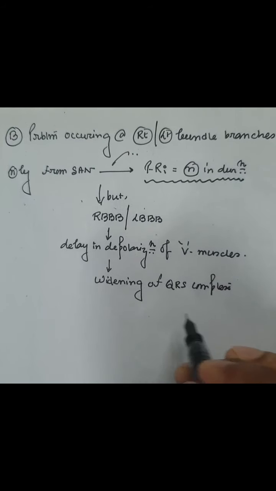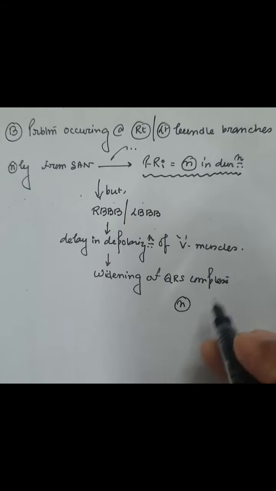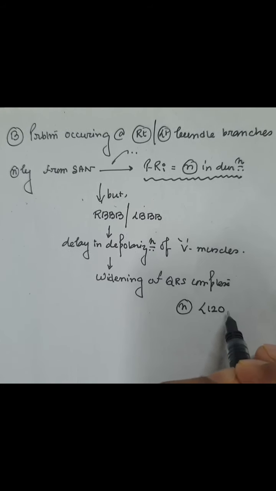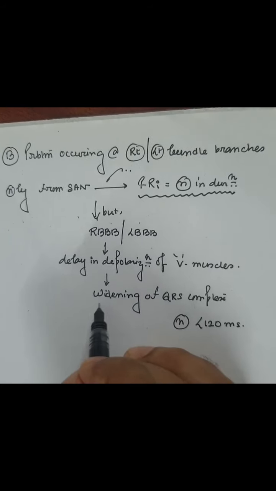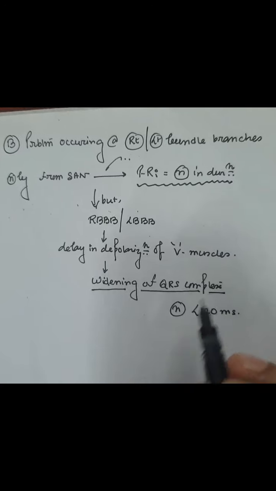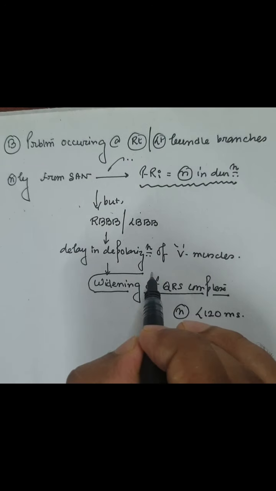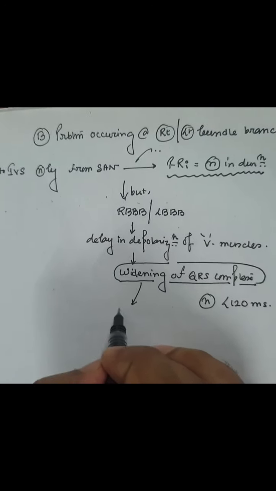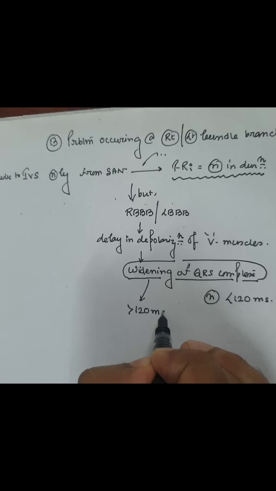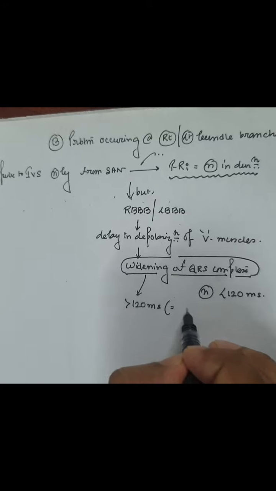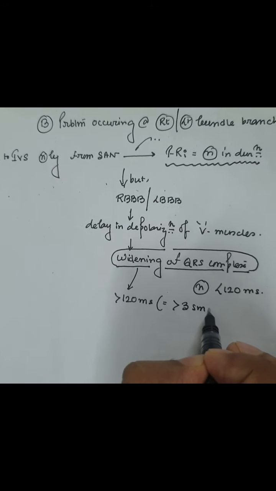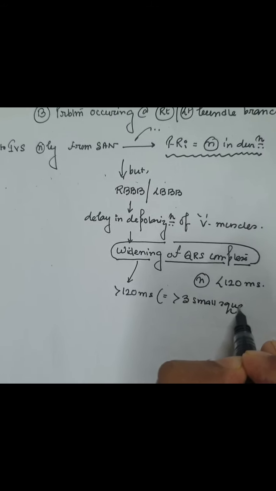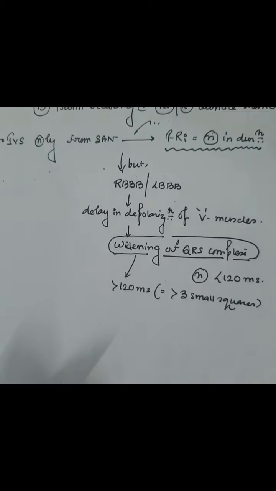And we all know that the QRS complex normal duration is less than 120 milliseconds. But in this case of left bundle branch block or right bundle branch block, the widening of the QRS complex means it will be much more than 120 milliseconds, or more than 3 small squares in the ECG strips.